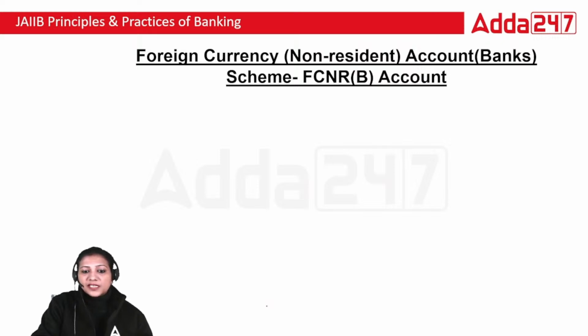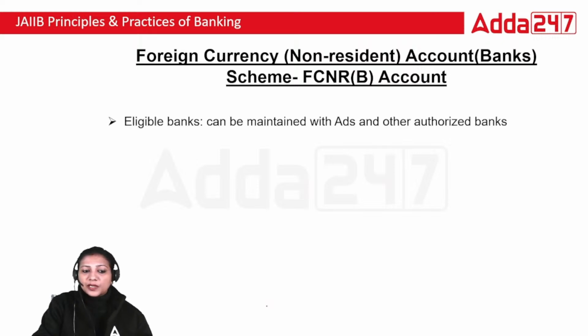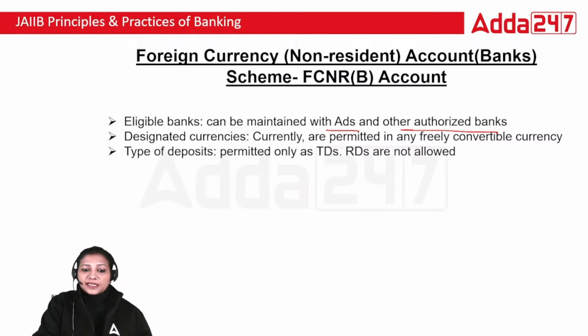Now comes the FCNRB account. Eligible banks who can open FCNRB accounts: it can be maintained with authorized dealers or authorized banks which are authorized by RBI. Designated currencies are currently freely convertible currencies.